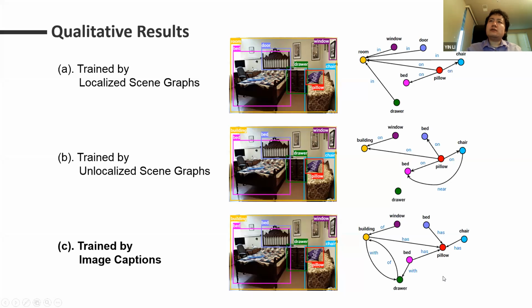So what we realize is that for the current SIMGRAPH data set, the number of predicates is relatively small. I'm not really sure if it's a bias in the annotation process or really a bias in how we tend to describe the relationship between objects.